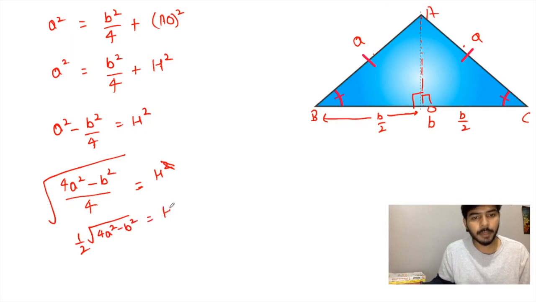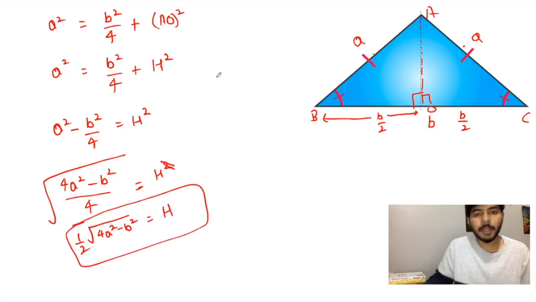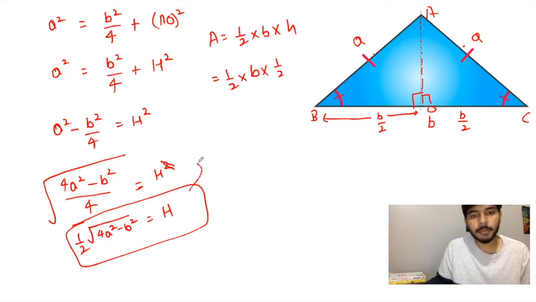That means I have found the height of the triangle. Again, now you can find the area: 1 upon 2 base into corresponding height, remember. So now 1 upon 2 base is B here, and the height you can take from here. This is capital S.